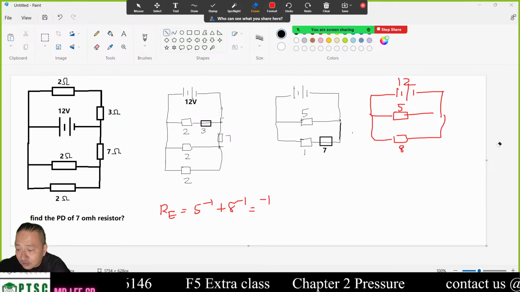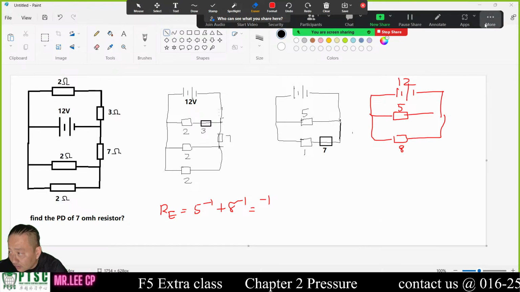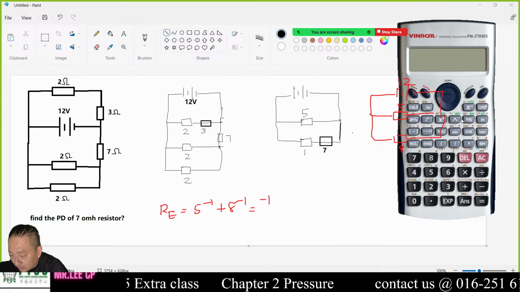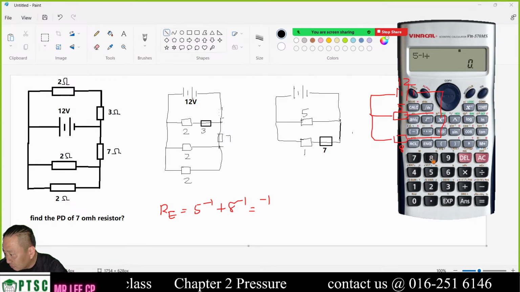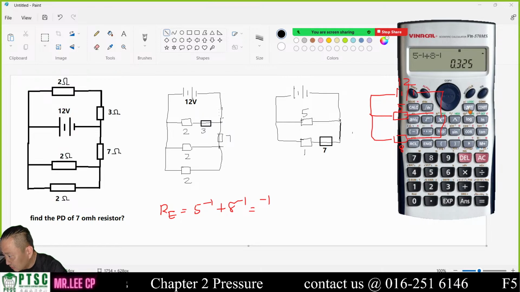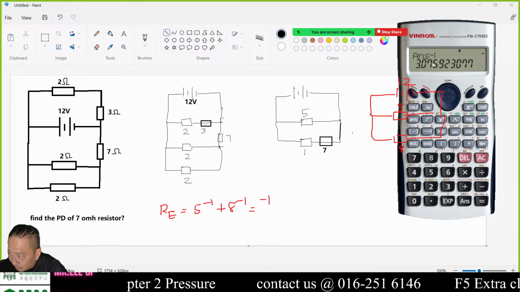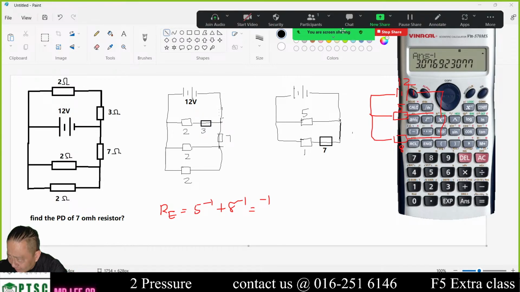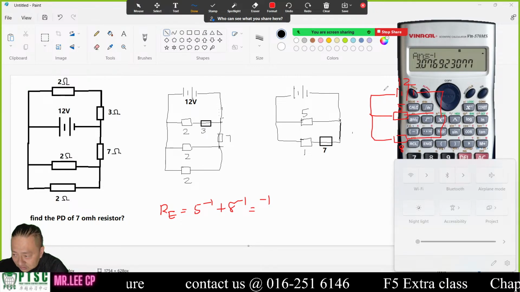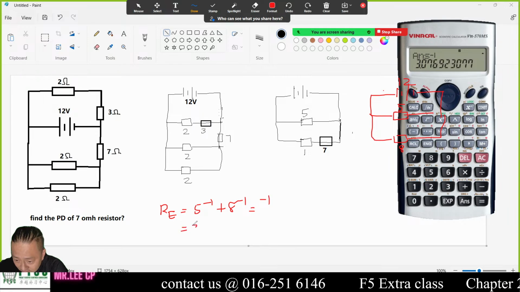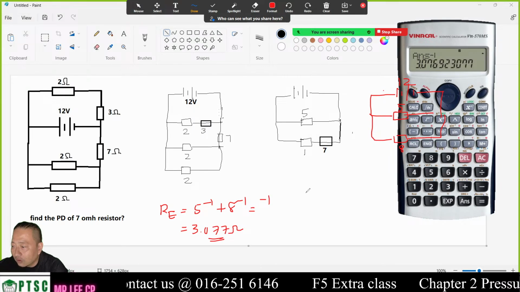You press it, you will get 3.077. So your effective resistance is 3.077 unit ohm.